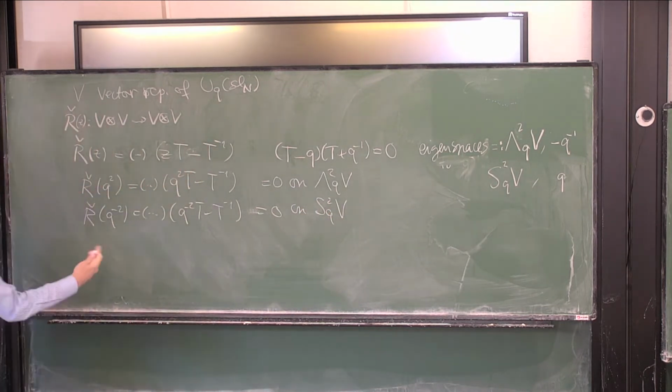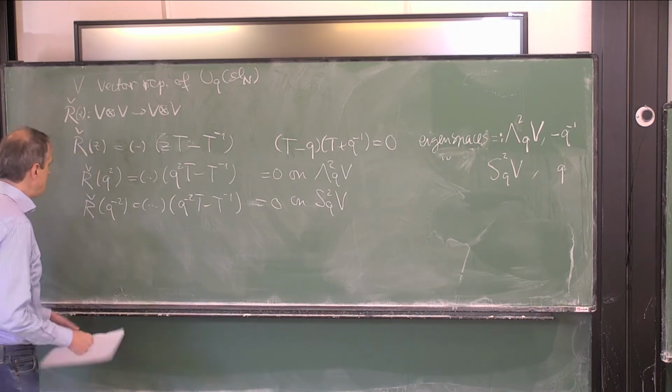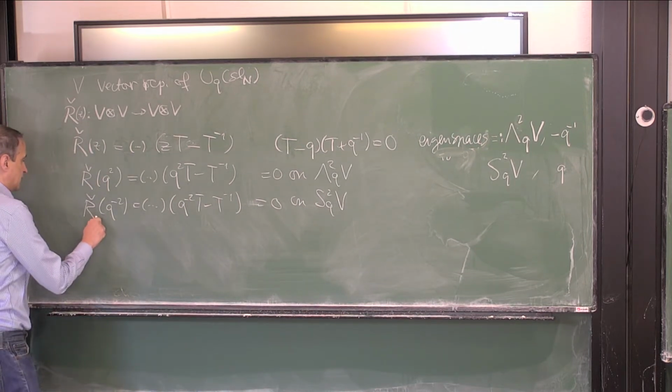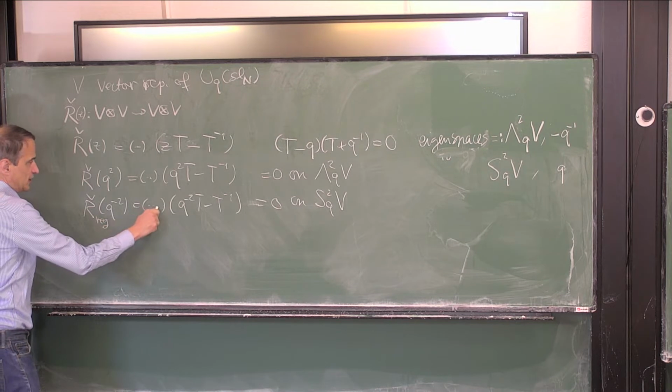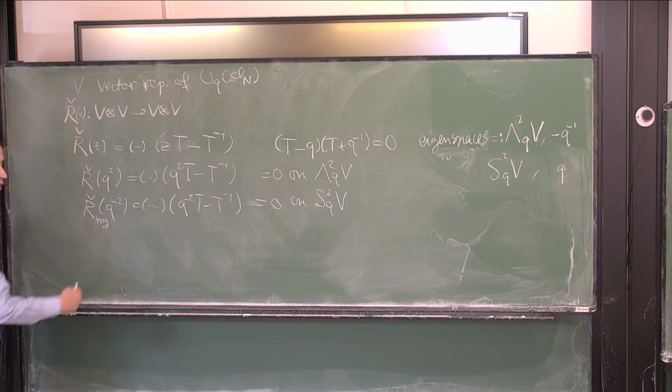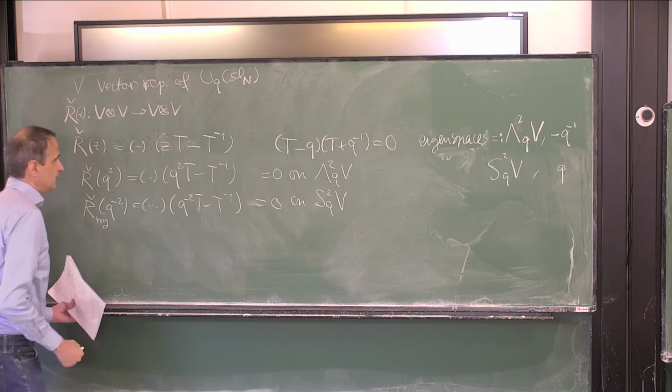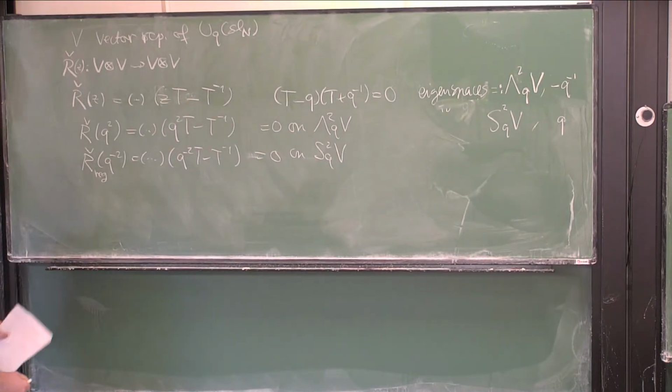So it will project out the symmetric tensors. And here I should say regularized, because actually this is infinity, the coefficient. So you have to really take the residue. And then, so what happens then?